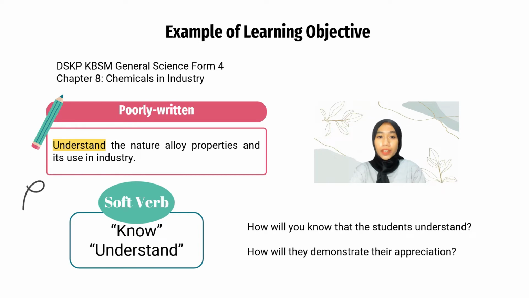How will you know that your students understand, and how will they demonstrate their appreciation? These demonstrations also allow you to observe the students' progress in meeting course outcomes and module learning objectives. Before using a verb like know or understand, ask whether you can observe students carrying out the activity that is implied by the verb.